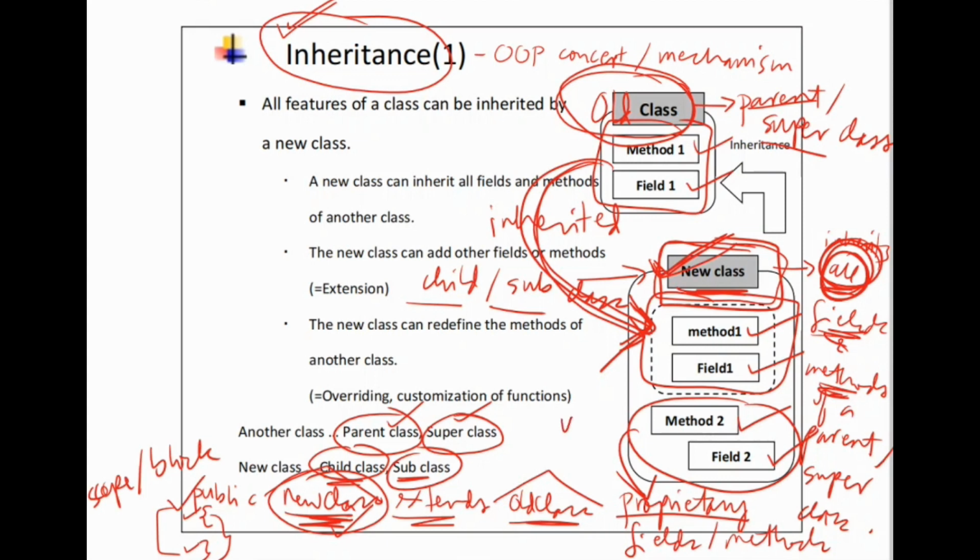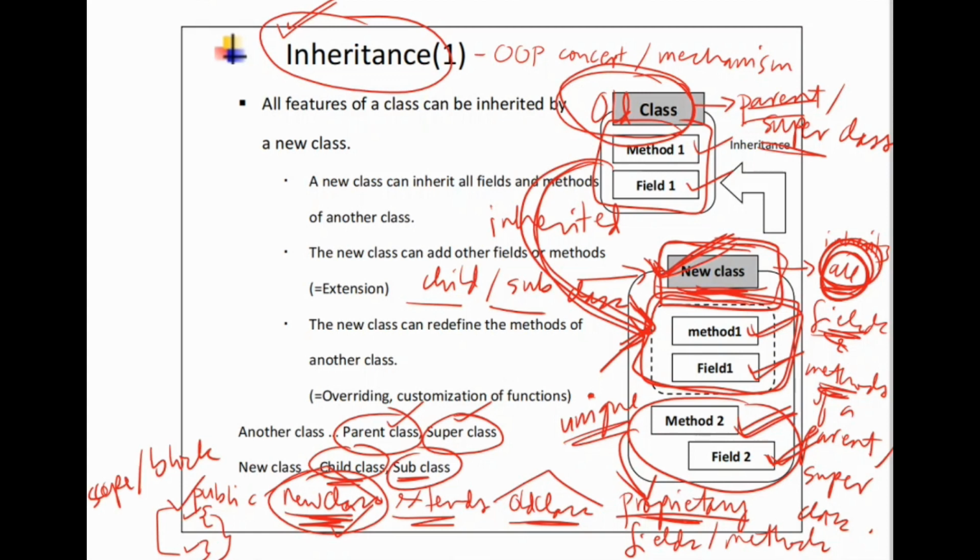These are unique methods and fields that are proprietary or unique to the subclass. Okay? Only field 1 and method 1 are inherited from the parent or superclass, while field 2 and method 2 are unique or proprietary to the newly defined child or subclass.